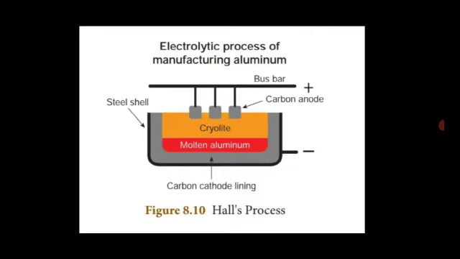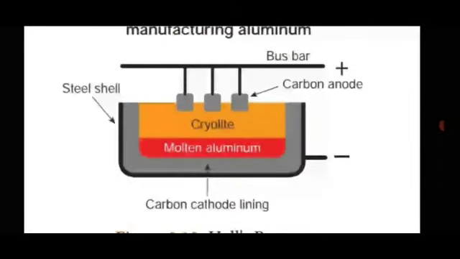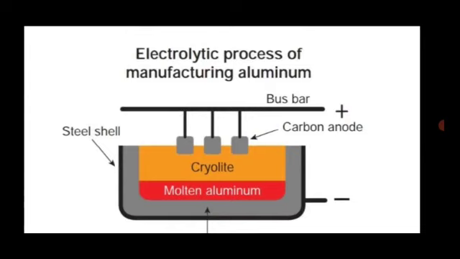The black layers indicate the carbon cathode lining. The graphite rods are dipped in the electrolyte. Who acts as the electrolyte? Fluorspar, molten alumina and cryolite act as the electrolyte. This electrolyte is dipped with graphite rods.